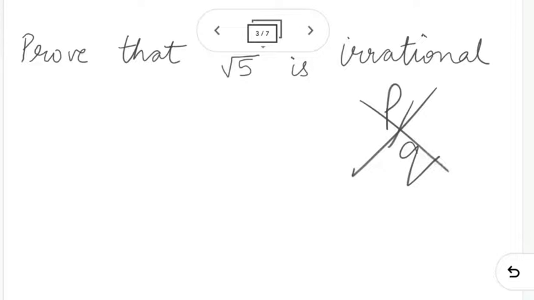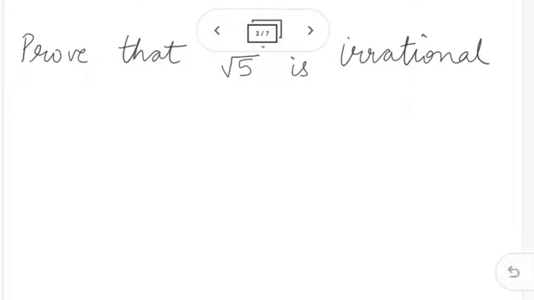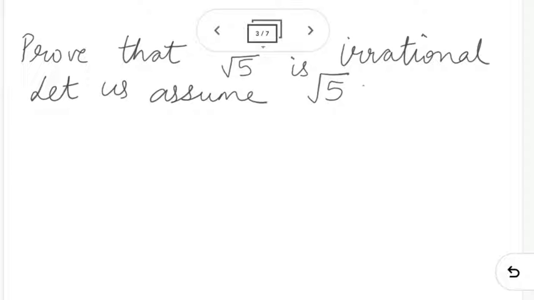Now we have to prove that root 5 cannot be written in P by Q form, so we want to prove it irrational. But first of all, we will assume that root 5 is rational, and then at the end we will try to show that it is irrational.